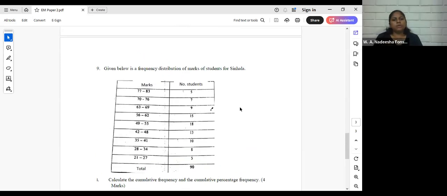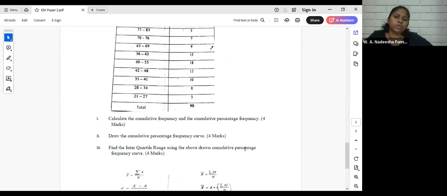Here, given below is a frequency distribution of marks of students for Sinhala. Calculate the cumulative frequency and cumulative percentage frequency. Draw the cumulative percentage curve. Find the interquartile range. There you have to find Q1, Q3, and then the difference of them, using the cumulative percentage curve.